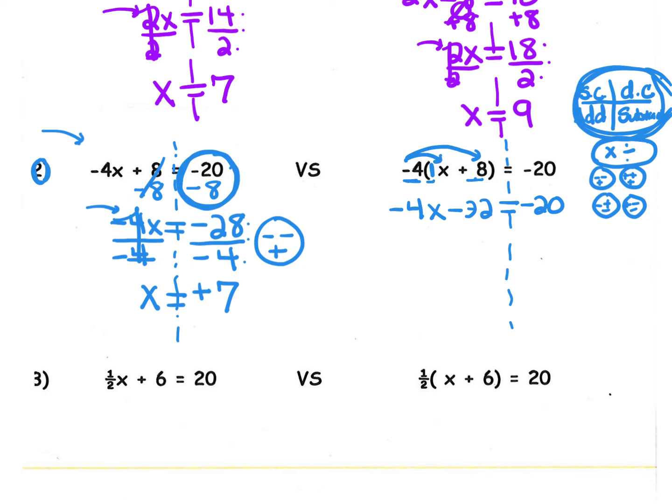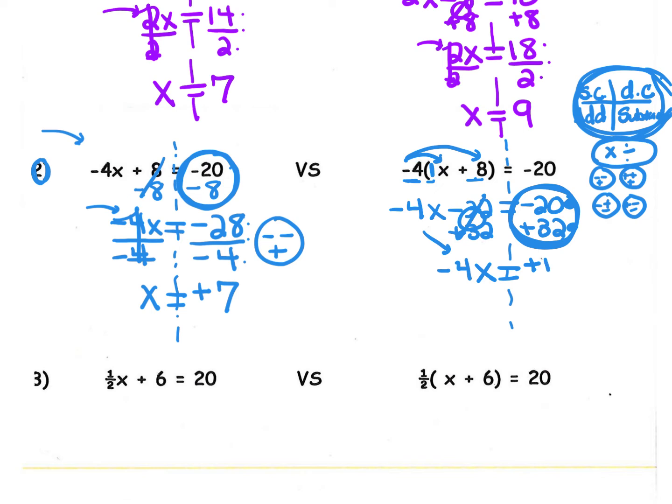Now let's solve. Add 32 to the left as well as the right. Circle negative 20 and positive 32. Bring down your negative 4x term on the left and combine these values on the right. A loss of 20 but a gain of 32, we have to subtract the values.